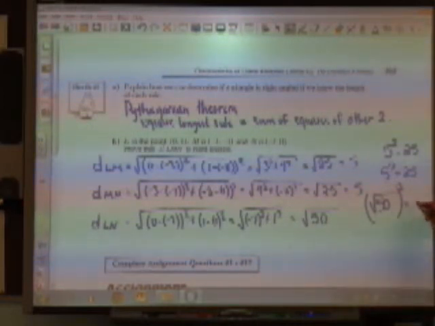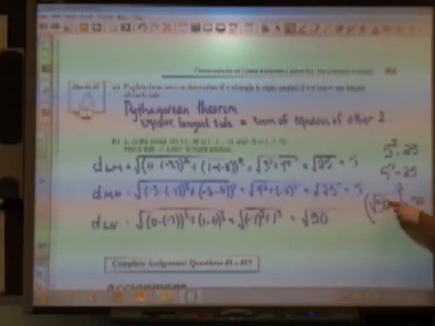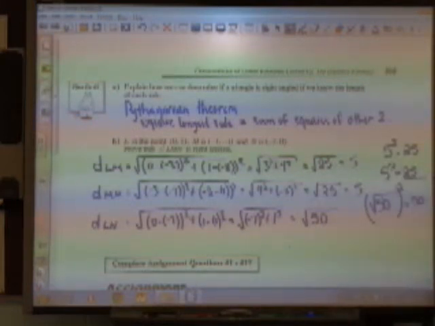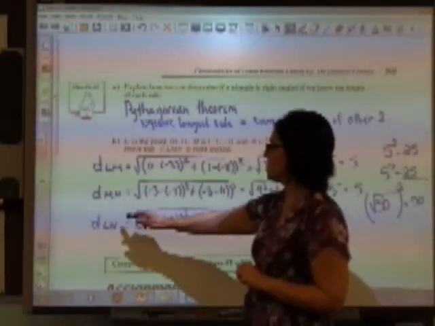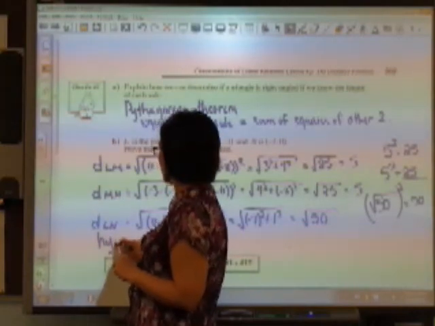It's 50. What are these operations called? Squaring and square rooting are inverse operations. They undo each other. So 25 plus 25 equals 50. So I have proven that this is right angled. This right here ends up being my hypotenuse.